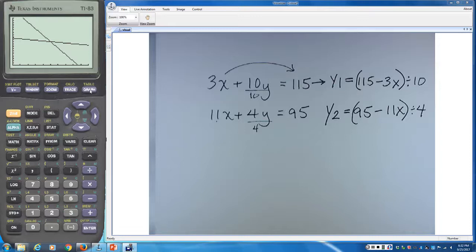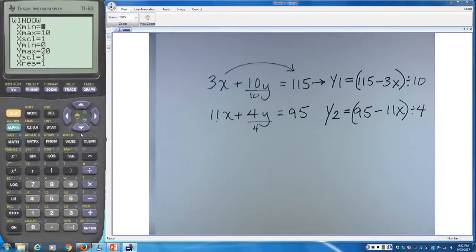And if you're talking about an application problem, chances are x and y can't be less than 0. So start at 0. And then go ahead and graph and see if you see anything. If you don't see anything, then go to your x max and your y max and make that graph wider and make it taller until you do see something. Eventually you will.